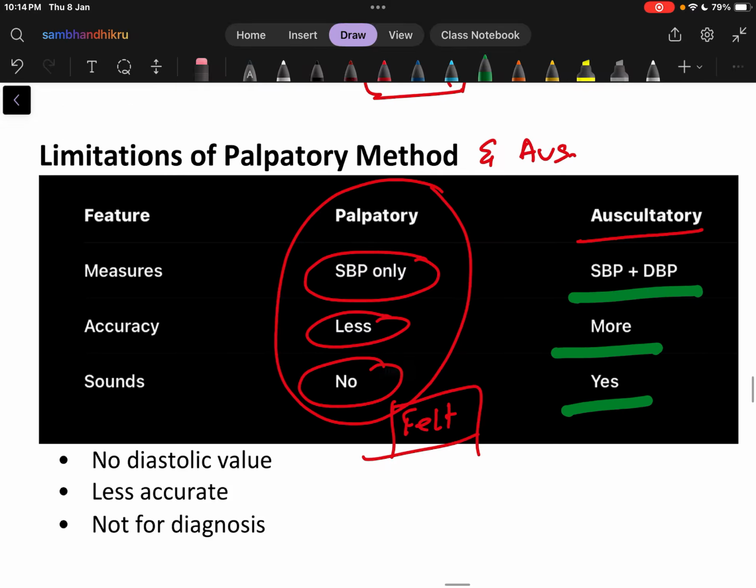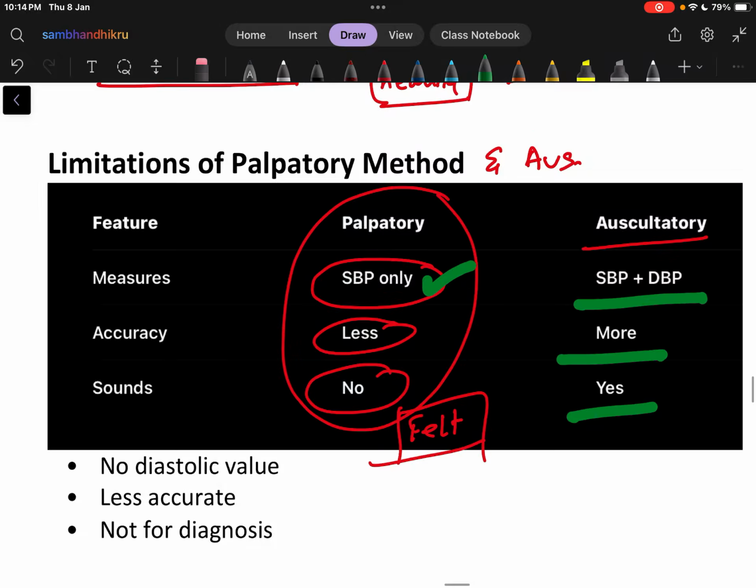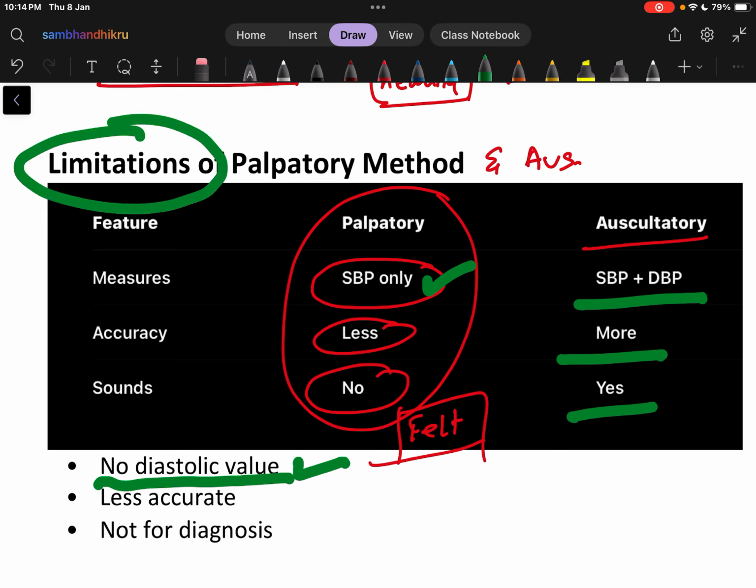Clear? In the palpatory method you can only feel the SBP. There is no diastolic value in the palpatory method. That is a limitation.